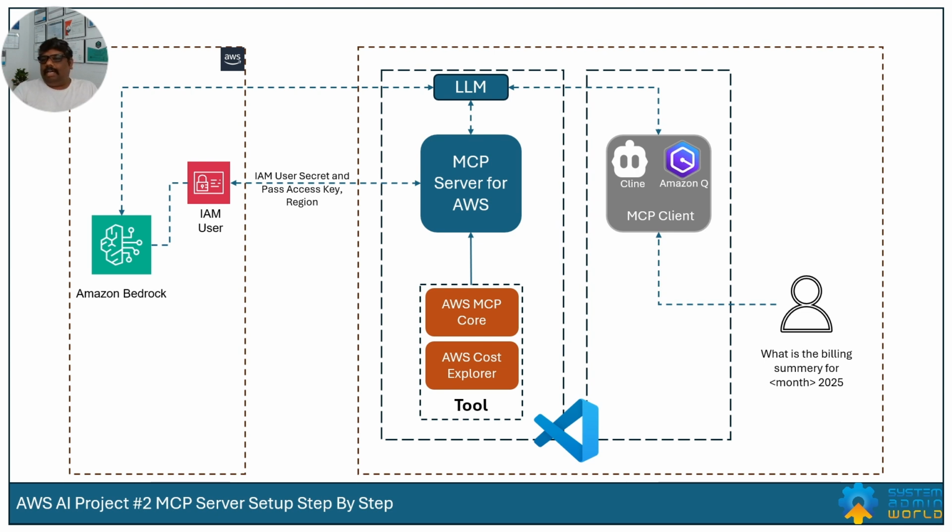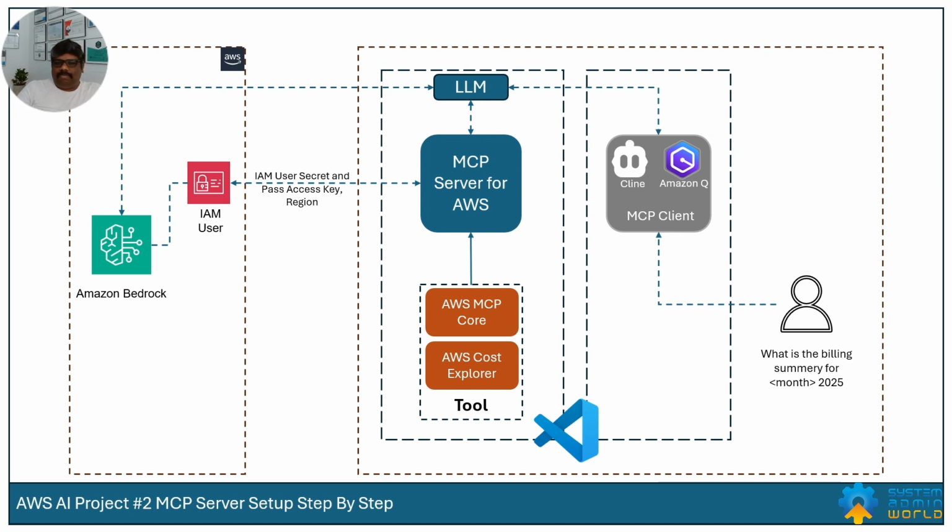Okay, so in the next section we are going to set up the MCP clients. To access the MCP server, we need to install an MCP client. There are multiple MCP clients available in the market. As we are going to use Visual Studio Code for this overall setup, you can use any server operating system or any server, virtual server, or physical server to install the MCP server for AWS.